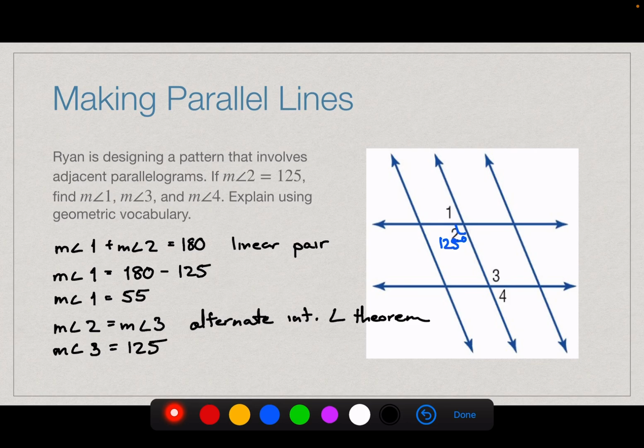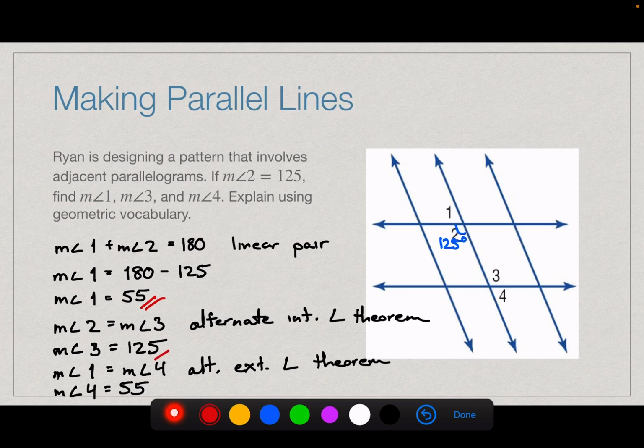And finally, we can say that the measurement of angle 1 is equal to the measurement of angle 4 because of the alternate exterior angle theorem. And therefore, the measurement of angle 4 is going to equal 55. And so we have our answers right here with an easy explanation.